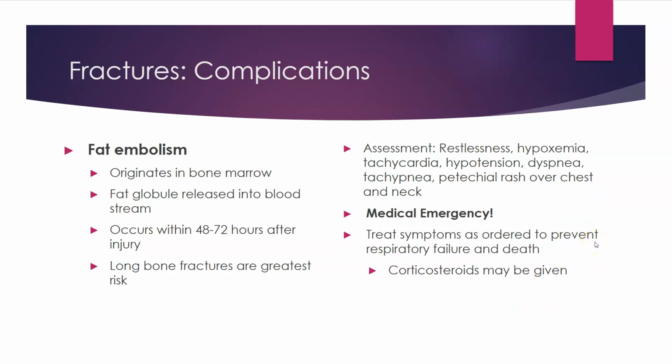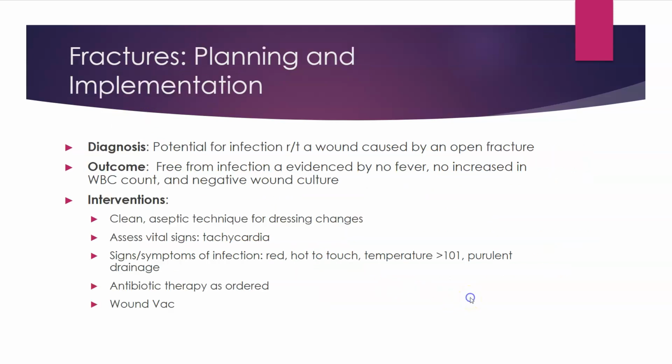Oftentimes we're treating any symptoms as ordered, trying to prevent failure and death, of course. So steroids may be given, trying to calm the body down. It's hard to break that fat embolism up, so they might have to go in after it, depending on where it's at and what it's all doing.